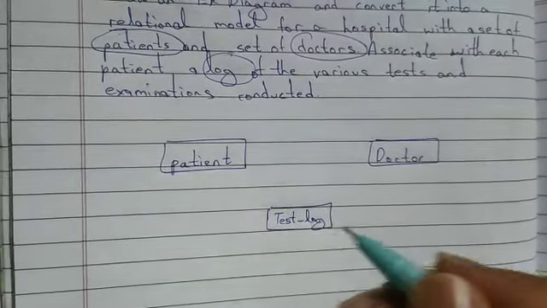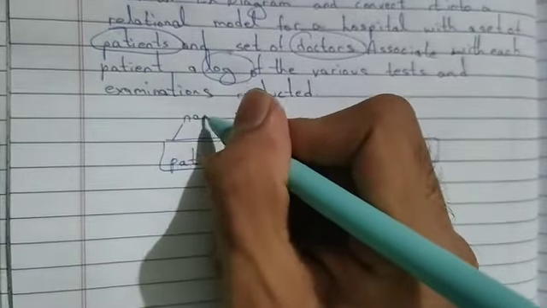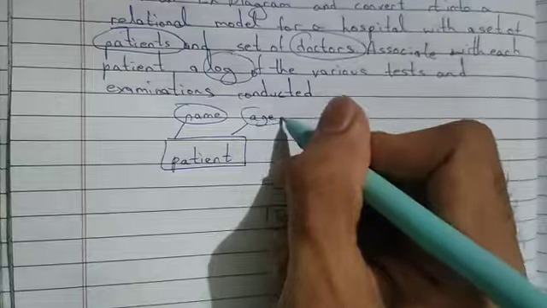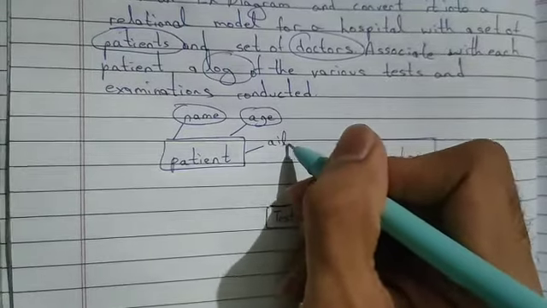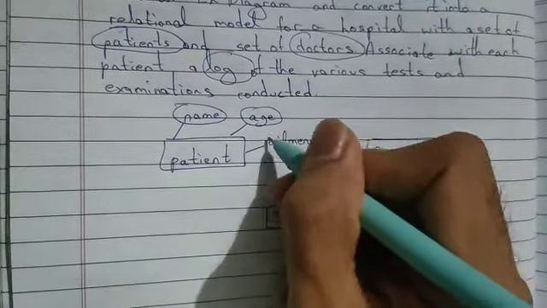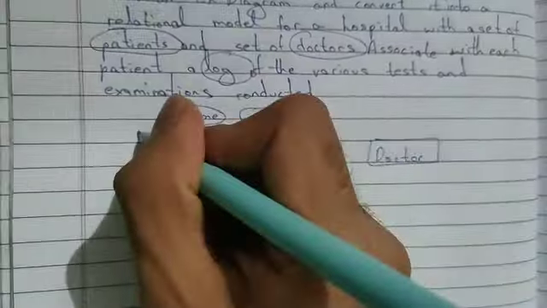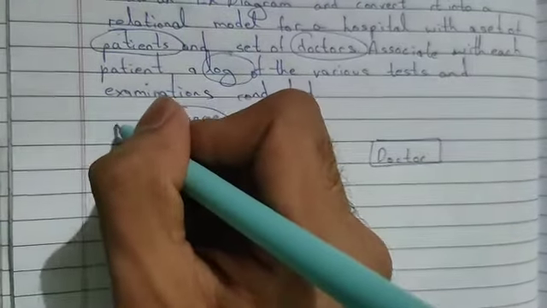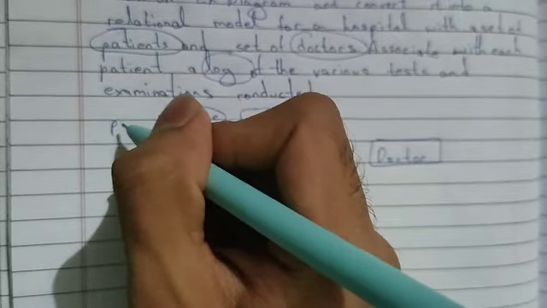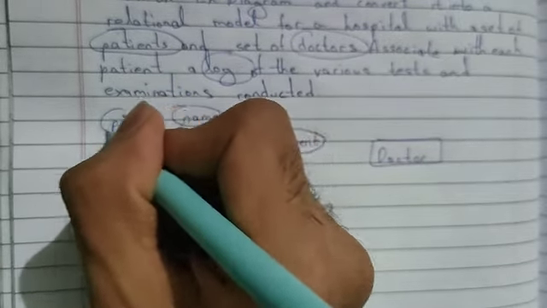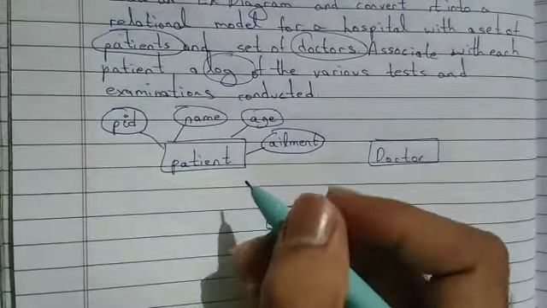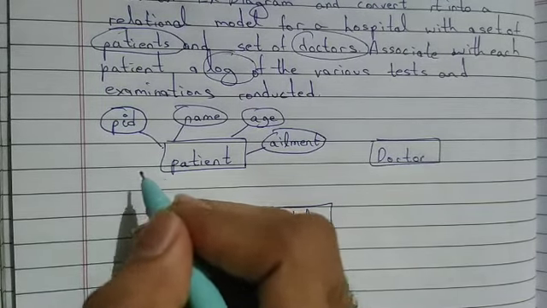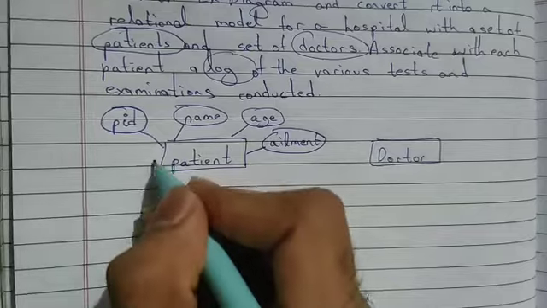Okay, so now the patient will have the patient card details, no? Like there's the name, age, then whatever illness the person has, ailment basically. Then perhaps the patient could have his own ID, no? So let's call it patient ID. Okay, then what else would the patient have?